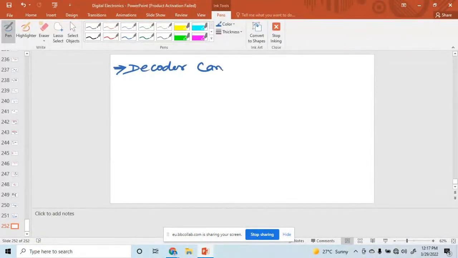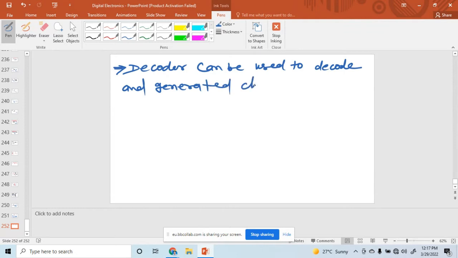Now, a decoder can be used to decode and generate a chip select signal. In the case of chip select, we represent it as CS bar, or somewhere it is written as CS.